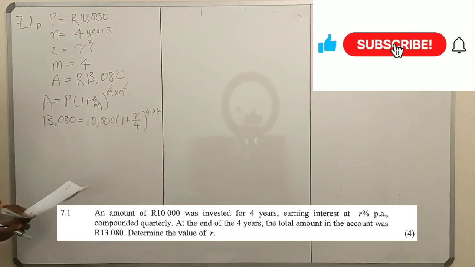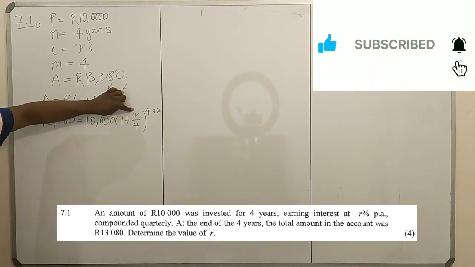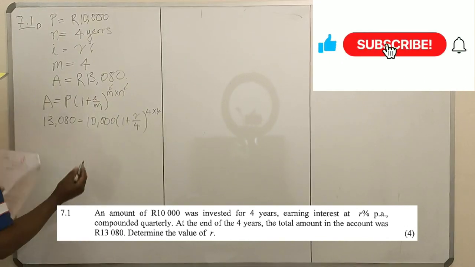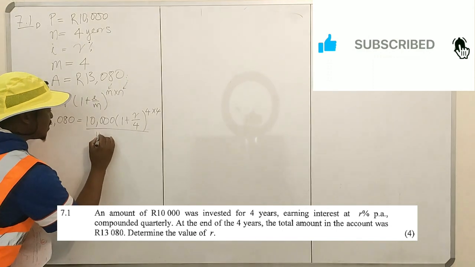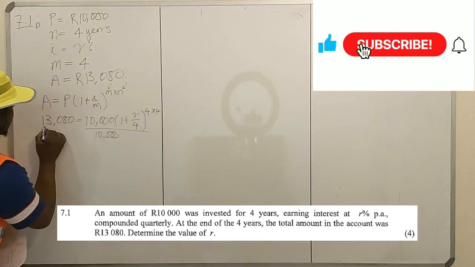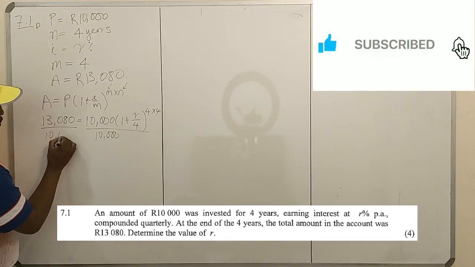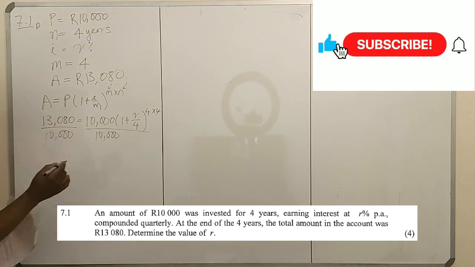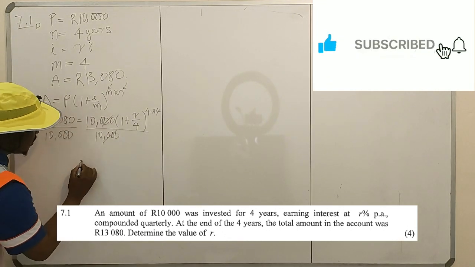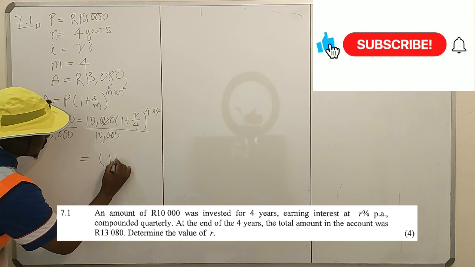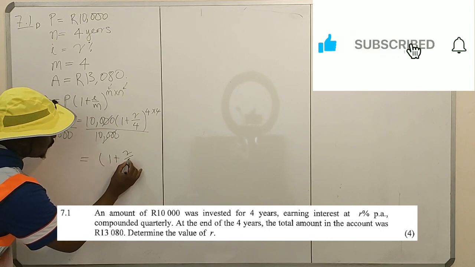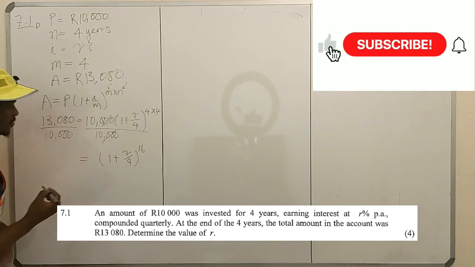So what we're trying to find here is R. What do we do? Divide both sides by 10,000. So this and that goes away. This side you're left with 1 + R/4 raised to 16.